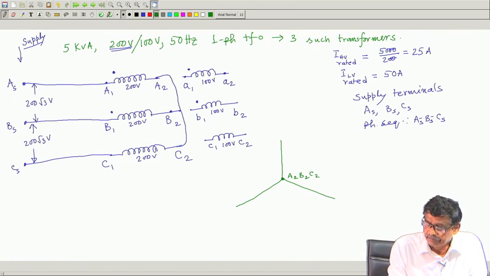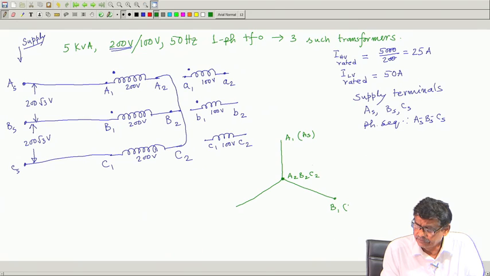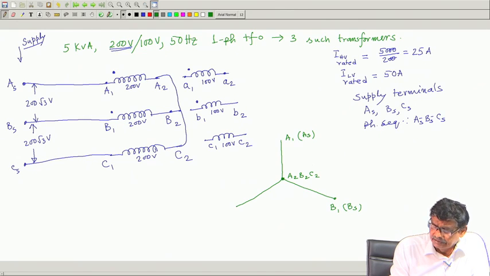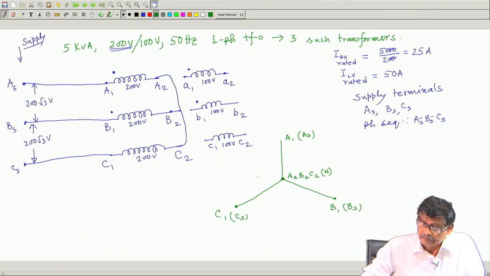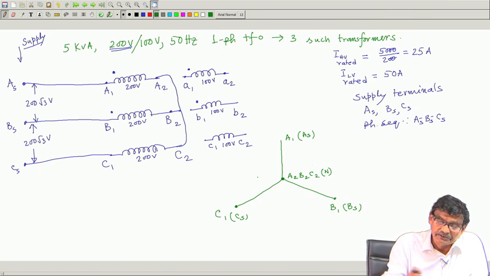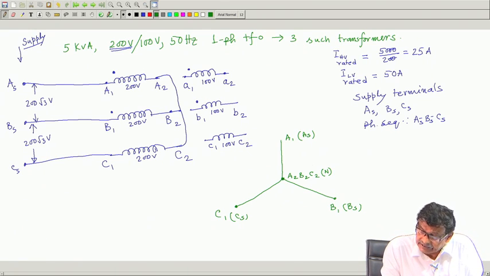They are shorted, they will be at same potential. Let this be called A1, which has been connected to AS. This is same as AS, supply AS. This point is B1, which is connected to supply BS, and this point is C1, which is connected to supply CS. S stands for supply. Therefore, this point is the neutral point, I can say. So, A1 A2 is the voltage phasor here. Each length here is 200 volt, that is why this length is 200 root 3 line to line.